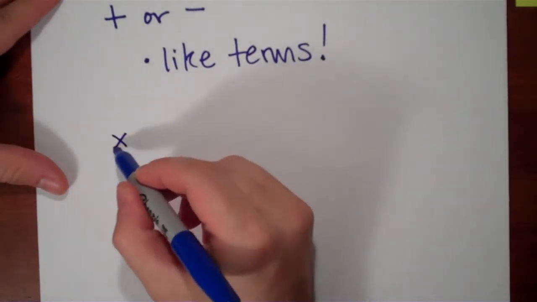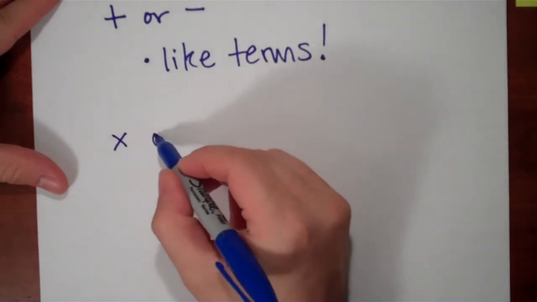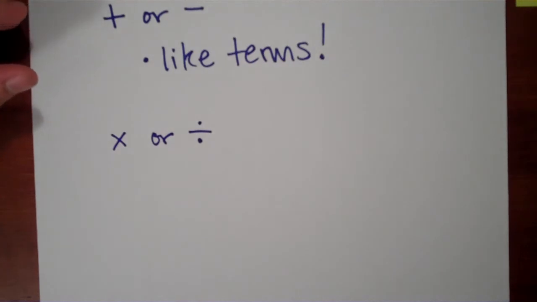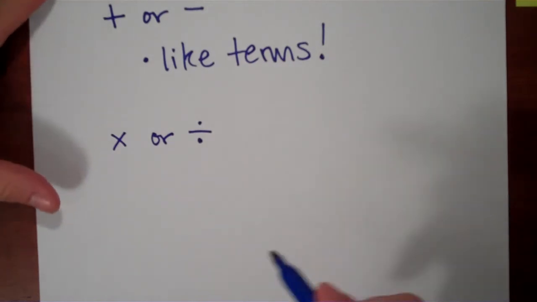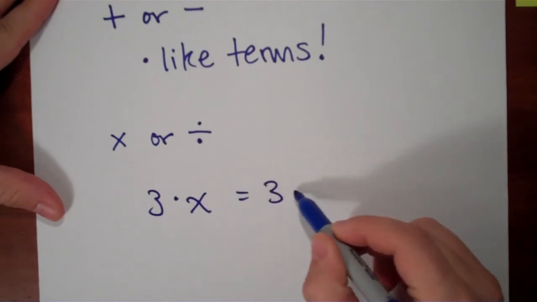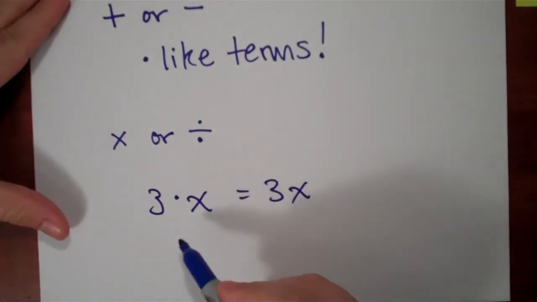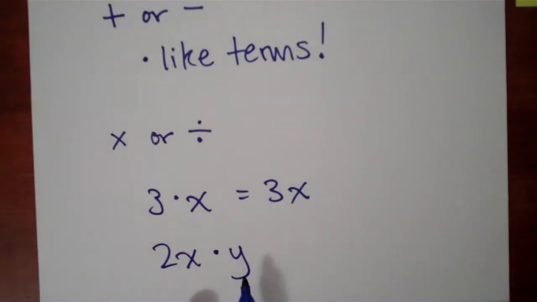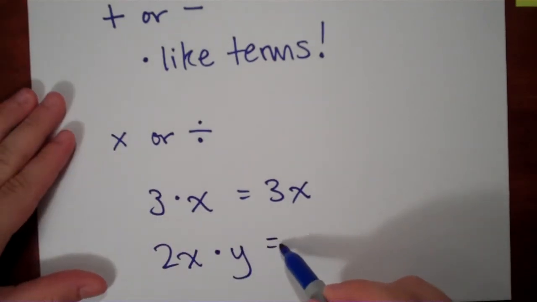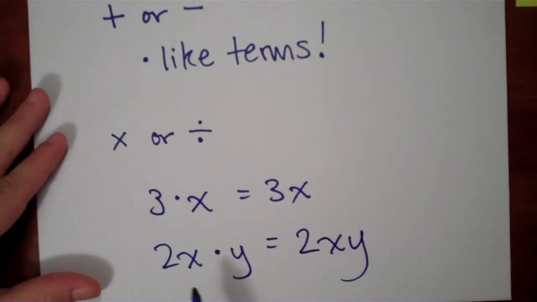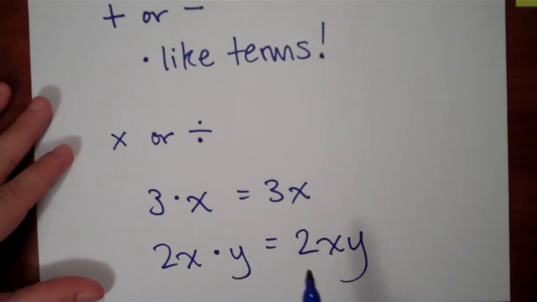But if we are multiplying or doing division, we do not need like terms. We can do 3 times x, as we've done, which equals 3x. We could do 2x times y, because when we put variables together, we know it's the same thing as multiplying. So I can write 2x times y as 2xy.